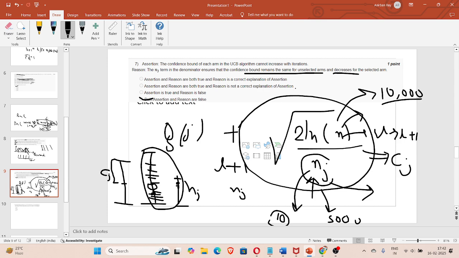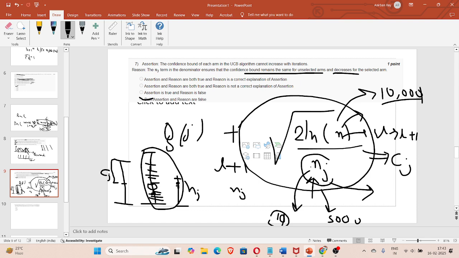My point is, if you consider the first situation, then the logarithmic value of n will be large. Then obviously the square root will be lesser than the original value of the logarithmic term, but it is actually still large after taking the square root. Then how do we say that the uncertainty gets reduced, and only the qj term will exist? After every step you take, if it is 10,000, after one step it becomes 10,001, and this becomes 11.